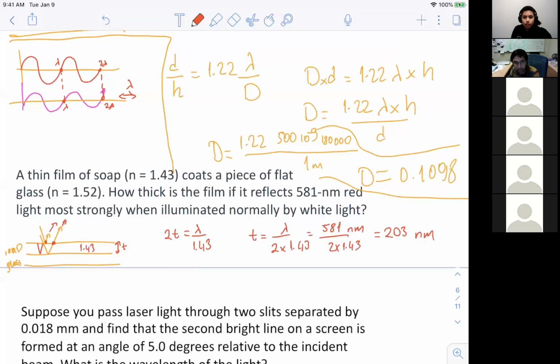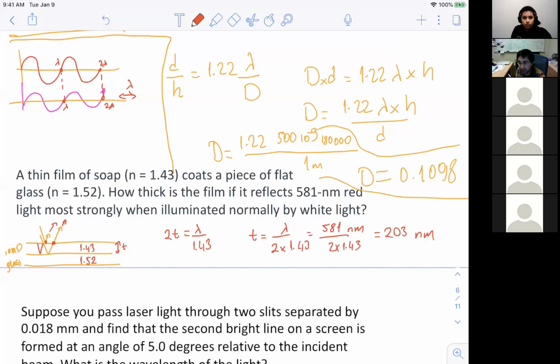Why did you use 1.43 and not the glass index? Because the top one is the soap and the bottom one is glass. The glass is thick, but the soap is just a very thin layer. There is no back reflection from the glass.